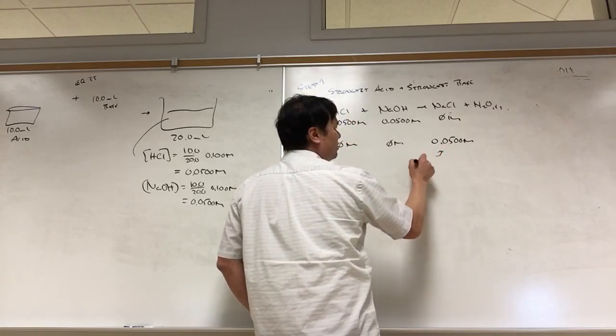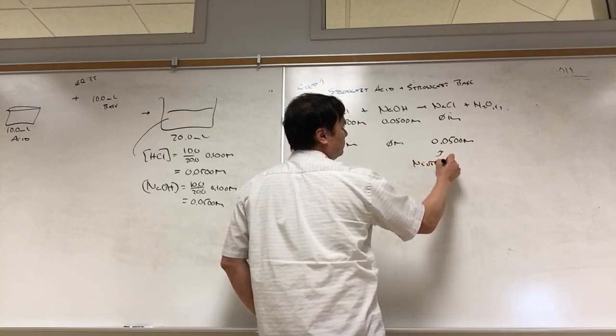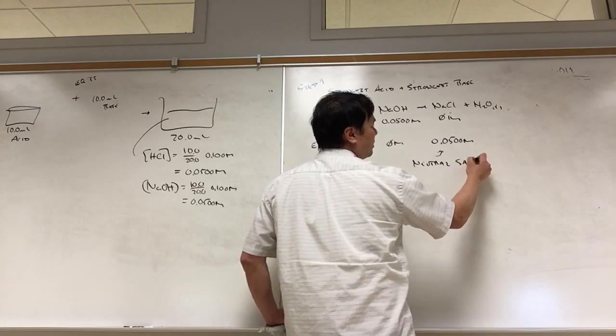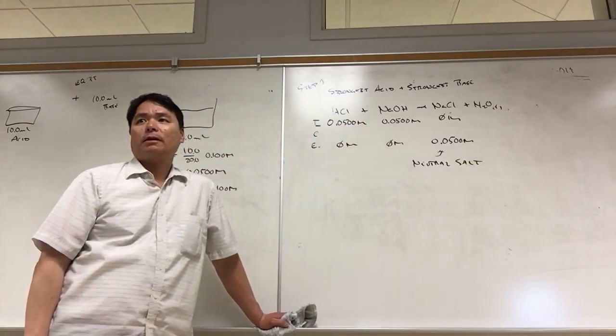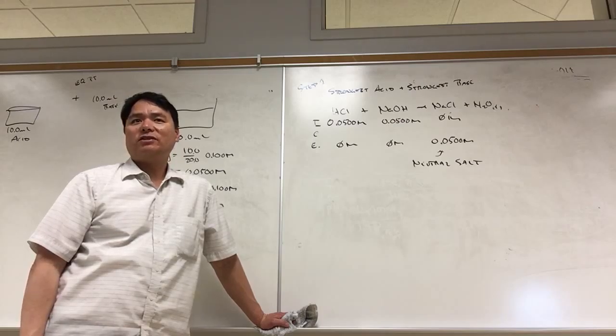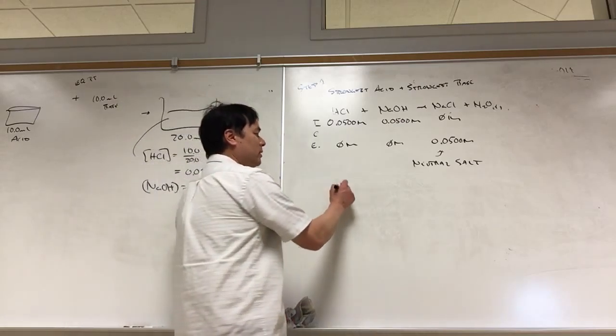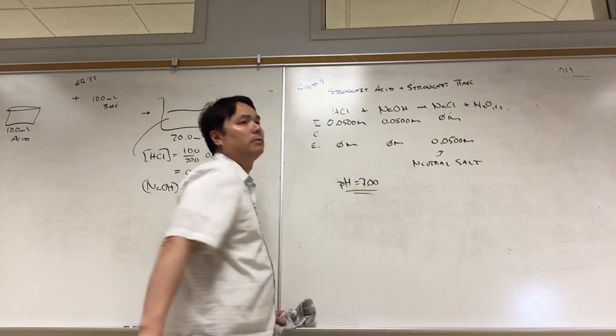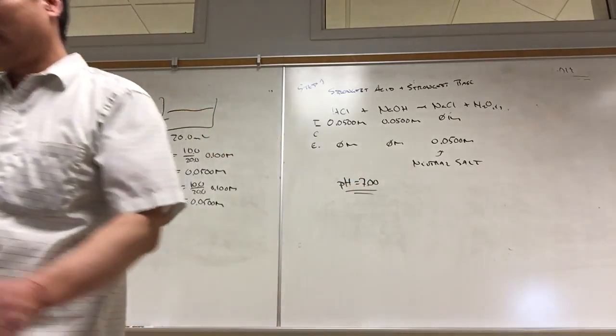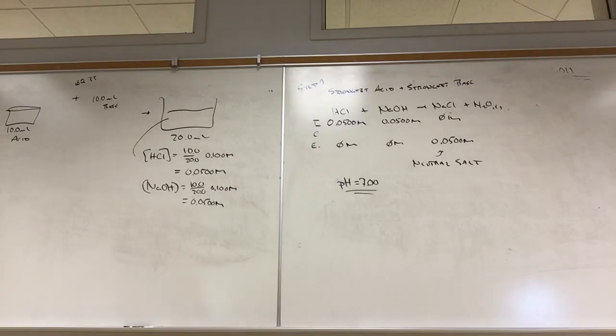What we're left over with is a neutral salt. And so the only hydronium ion contributor to this will be Kw. And we already know Kw. We don't have to do that because the pH will be 7.00. That's at 10 milliliters of sodium hydroxide.